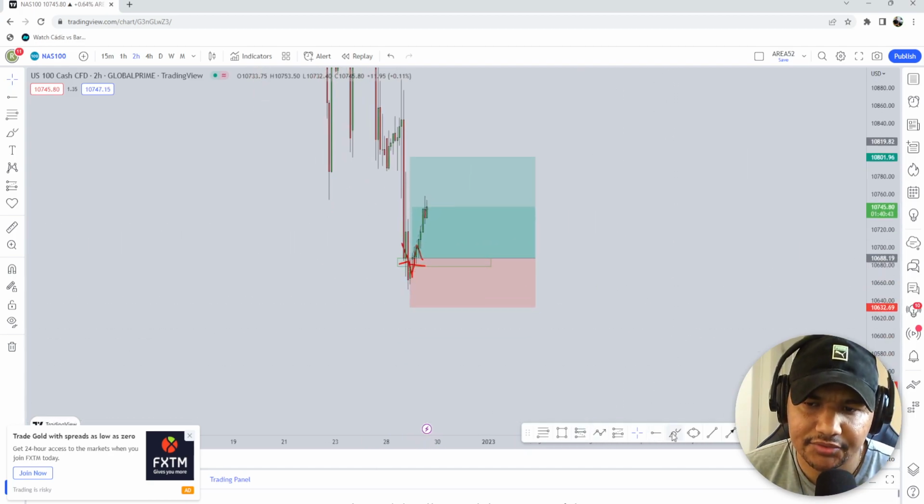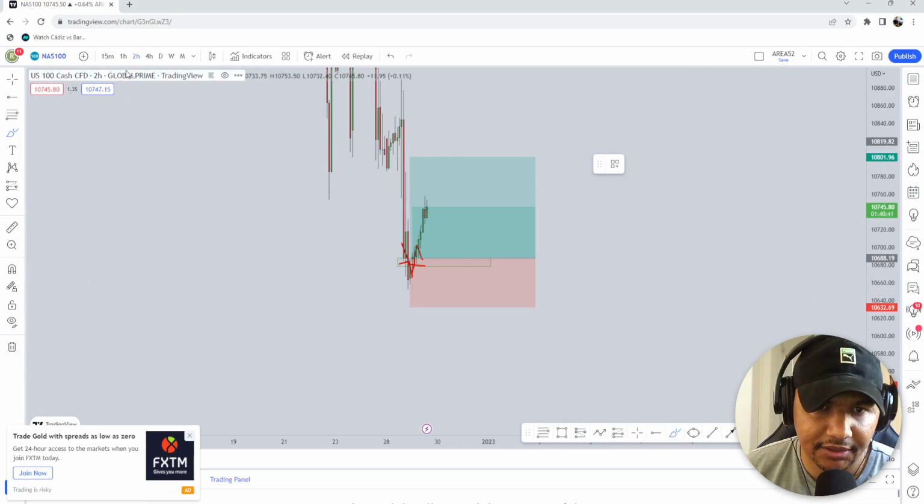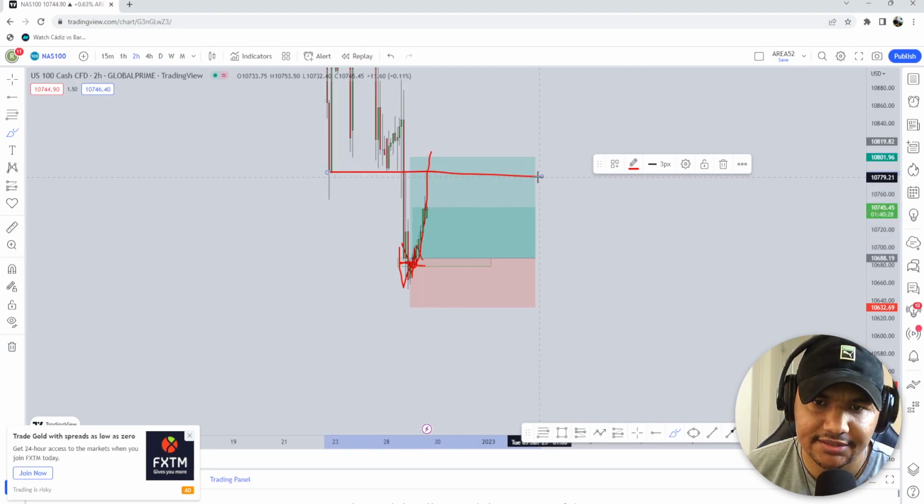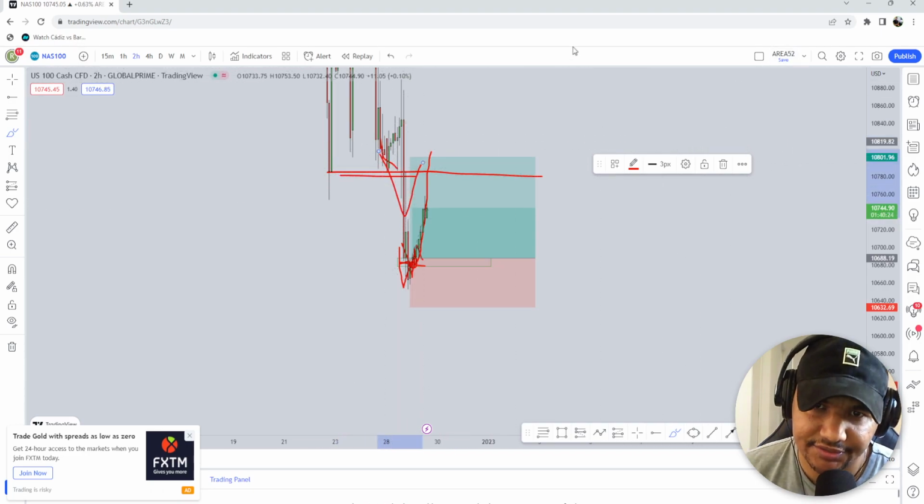Why? Because we had support. We dropped down on the 2-hour. The market printed support, broke below support, came back, tested it as resistance, went above resistance, tested it as support. And we expect the market to at least go and test this previous level of support that is now acting as a level of resistance.